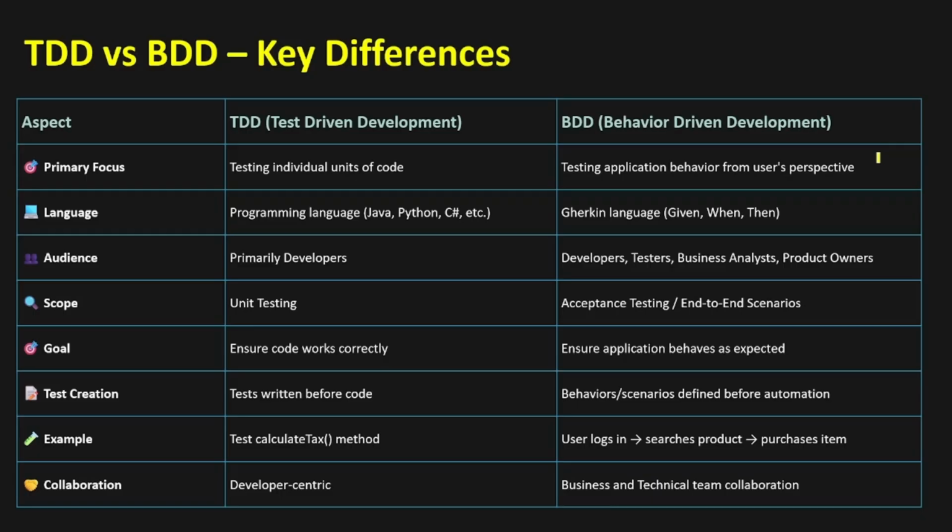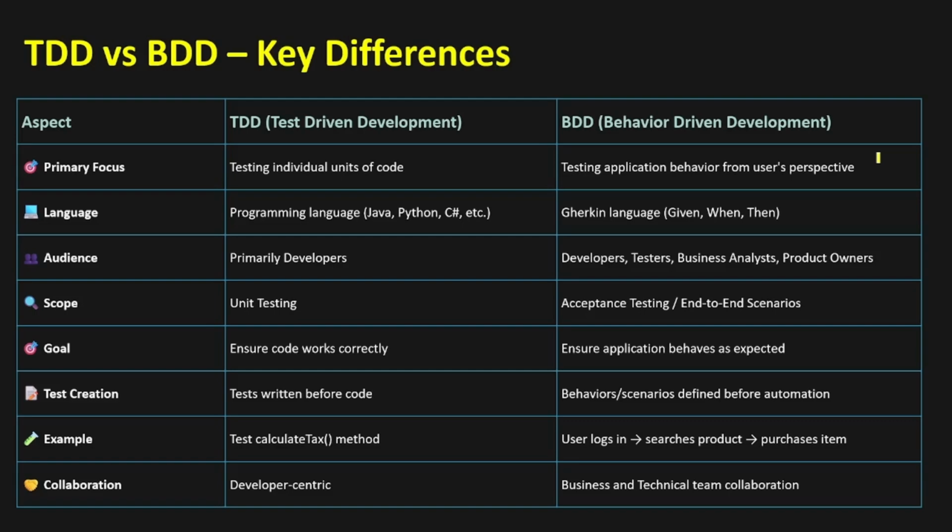Test creation. In TDD, the tests are written before writing the application code itself. So by the time you complete developing your application code, you will already have the test cases written. However, BDD focuses on behavior or scenarios, right? So behavior and scenarios are defined before automation, right?